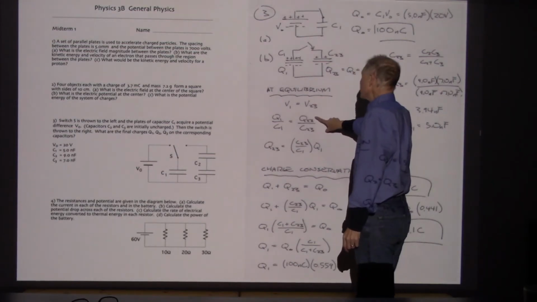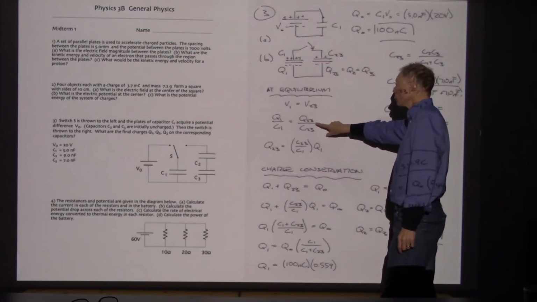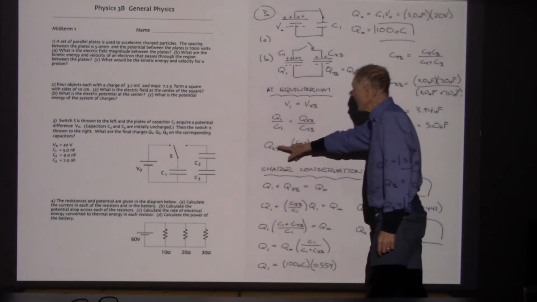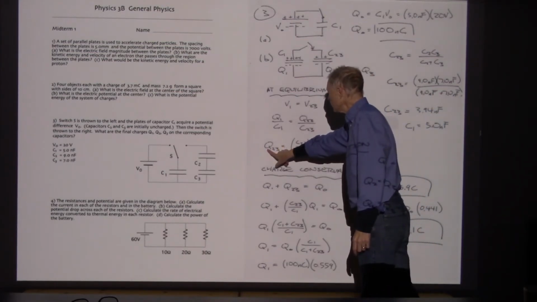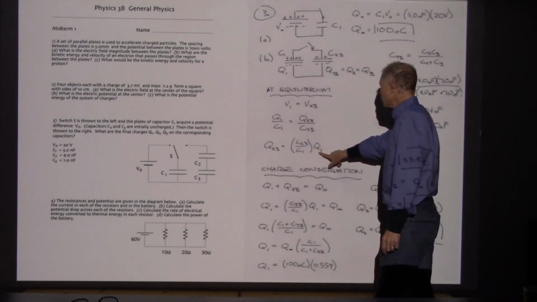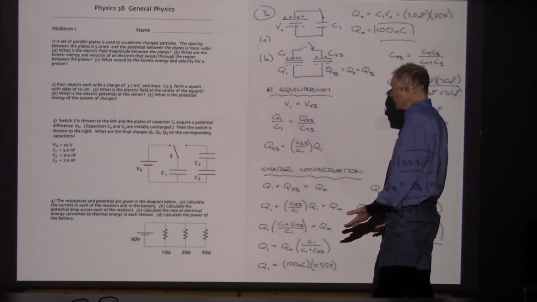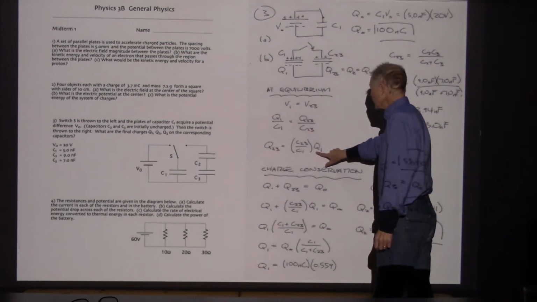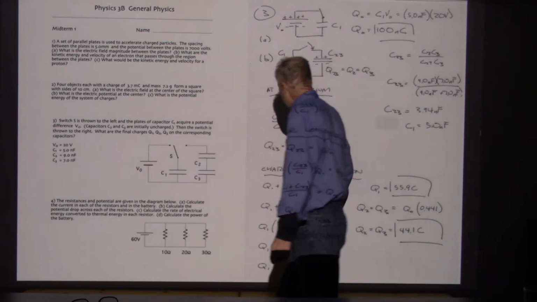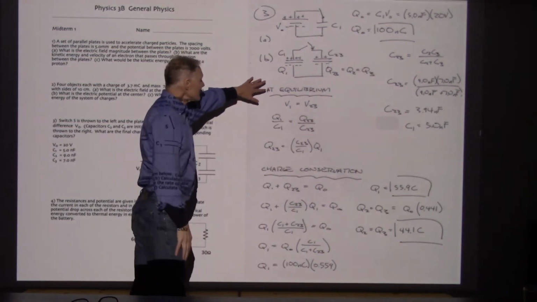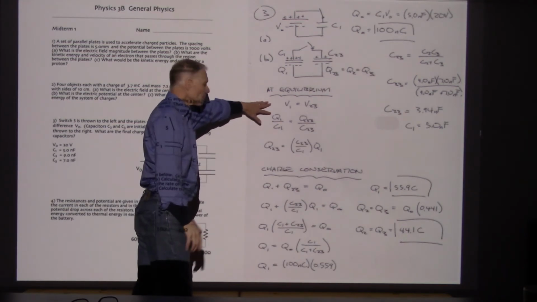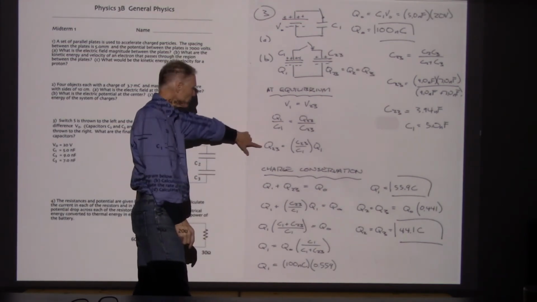V23 would be Q23 over C23. That gives us a way to calculate Q23 in terms of Q1. Now we don't know Q1 yet, but this is the equilibrium condition where the voltages match. That gives us one equation.